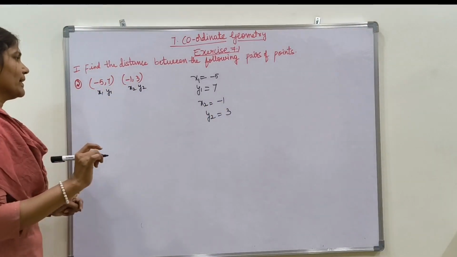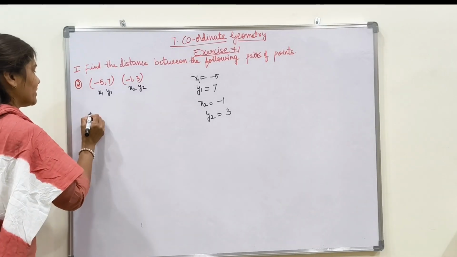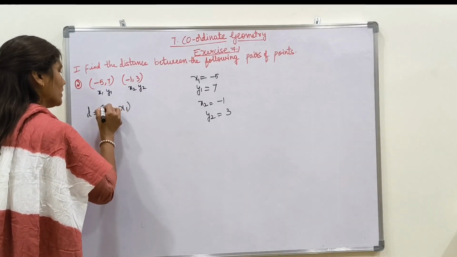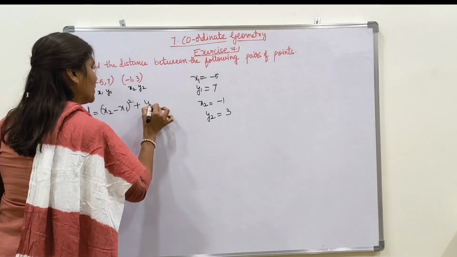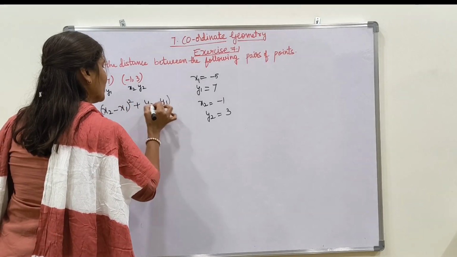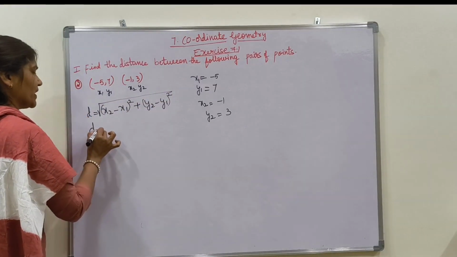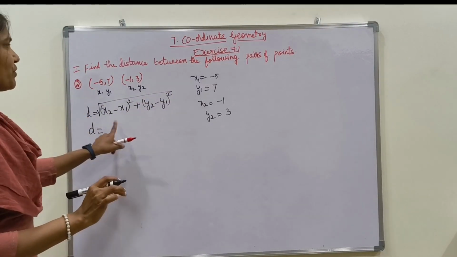Next write the distance formula: D is equal to the square root of (x2 minus x1) whole square plus (y2 minus y1) whole square. Mention the values and you will get the answer.